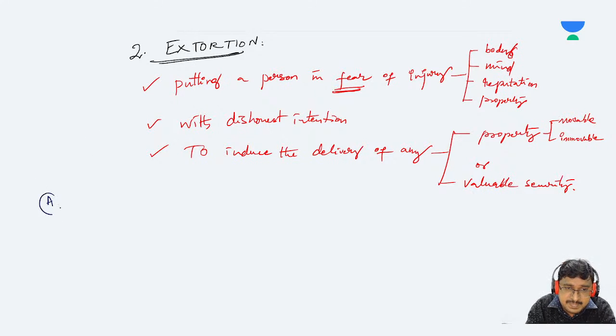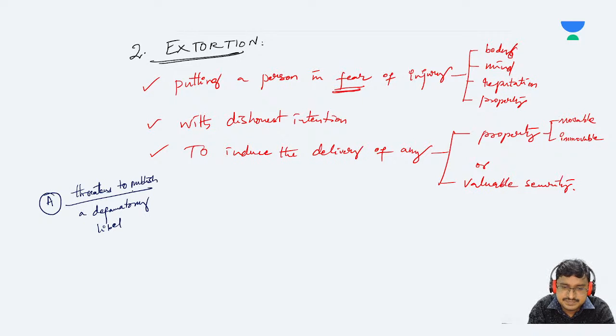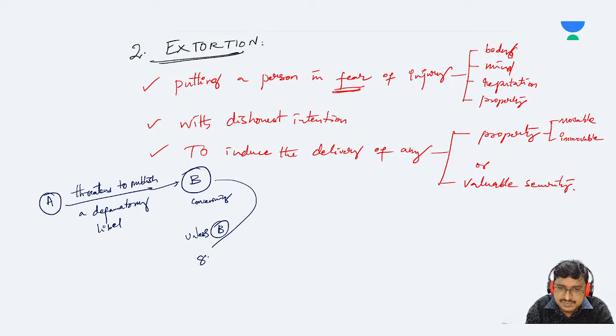Mr. A threatens to publish a defamatory libel concerning, or relating to, Mr. B, unless B gives him money or valuable security or movable or immovable property.